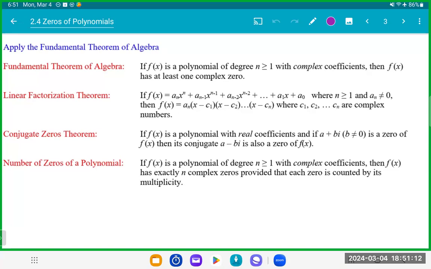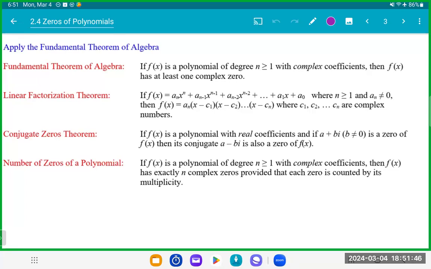We have the second one, our linear factorization theorem. That's basically saying that whenever we're doing our factorization, if n is greater than 1 and our leading coefficient is not equal to 0, then if we end up with something like x minus c1, c2, etc., those are going to be complex numbers.